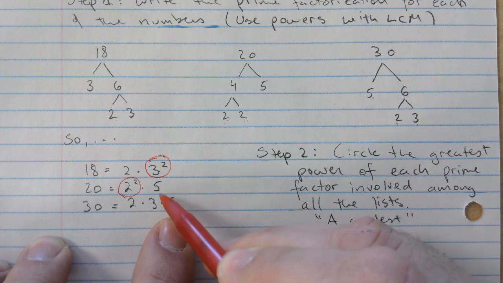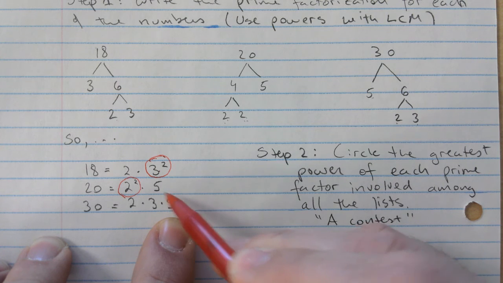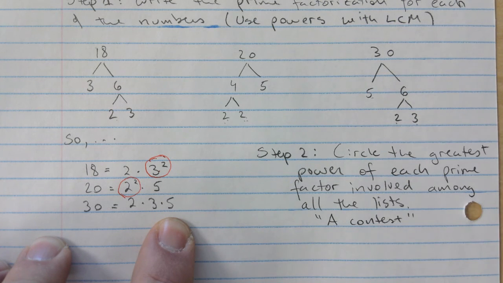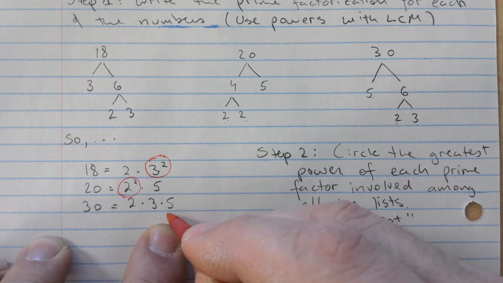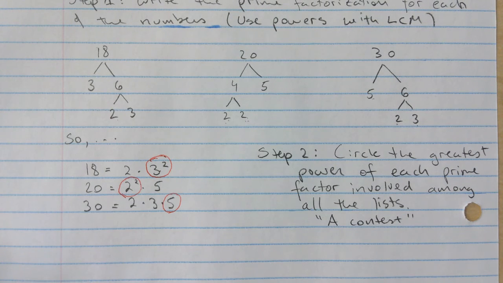And then you look at 5, right? And in this case, it really wouldn't matter which one you pick because 5 to the power of 1 is the highest power. So just pick one of them, okay? There's no 7, there's no 11, so don't worry about those.